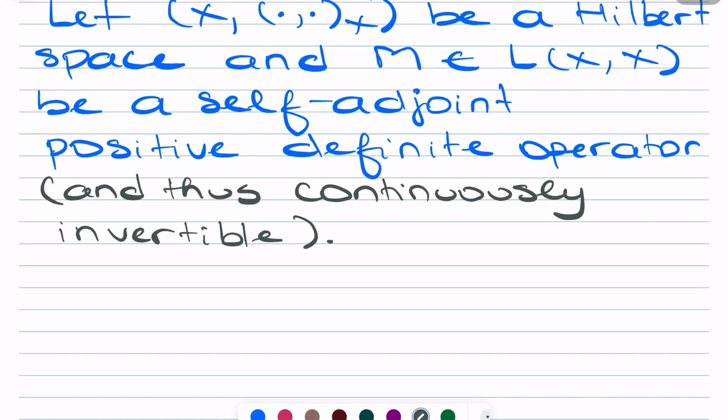So let X be a Hilbert space and M be a linear bounded operator, a self-adjoint positive definite operator.